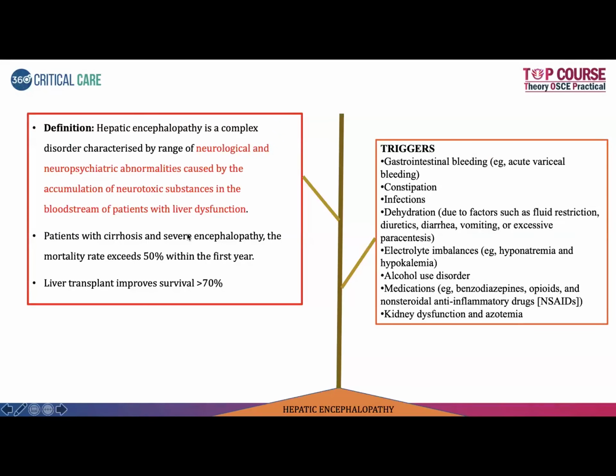Portopulmonary hypertension: the main pathophysiology is that there is an increase in the vascular resistance in the lungs. So because of the increase in the vascular resistance, the pulmonary pressure goes up. This can be treated with some measures like bosentan, an endothelin receptor antagonist. All those things can be beneficial, but ultimately liver transplant would be the final therapy for this.